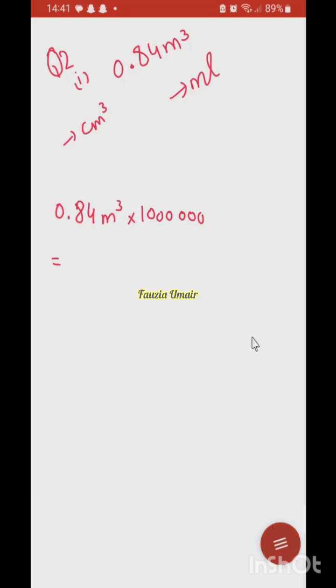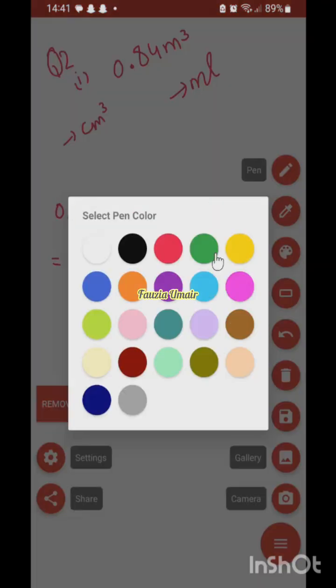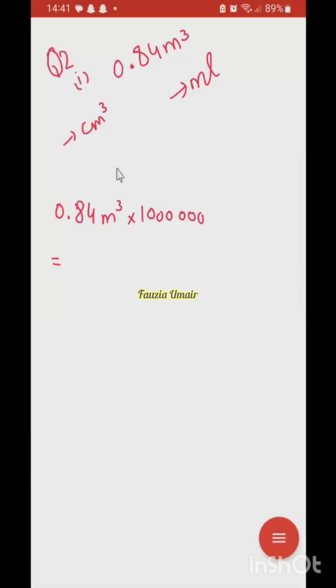There are 2 zeros already here. So how many more zeros do we need? 4 zeros, because there are six zeros in 1 million. So we need to move the decimal 6 steps ahead. So the answer is 840,000.